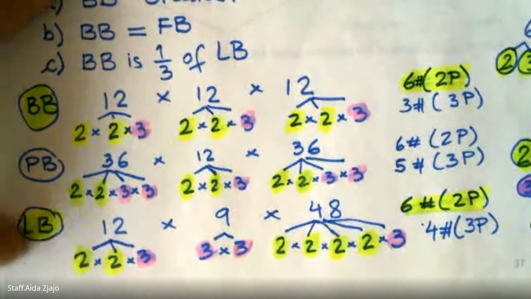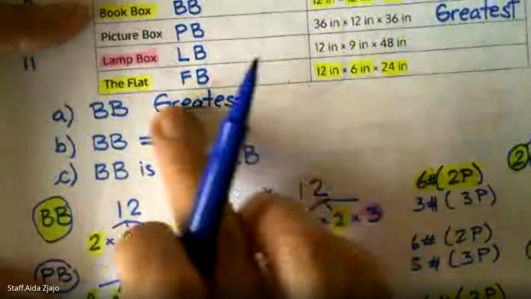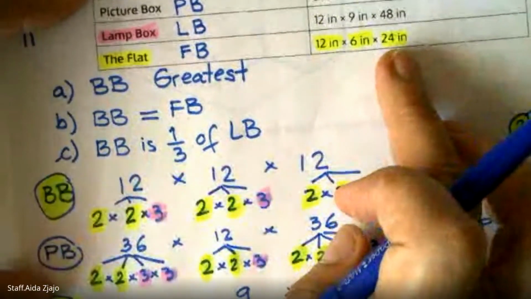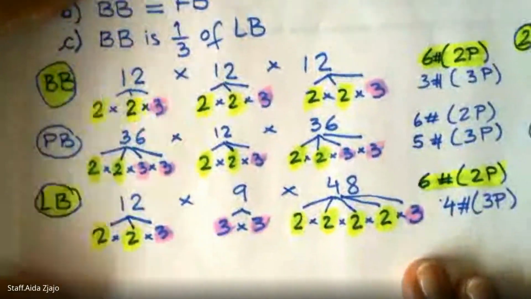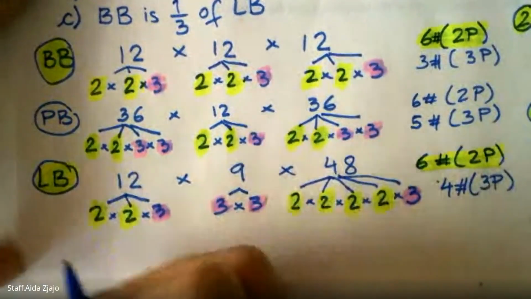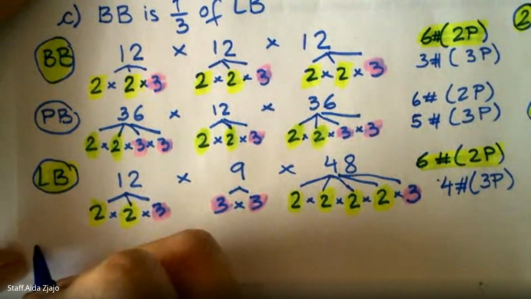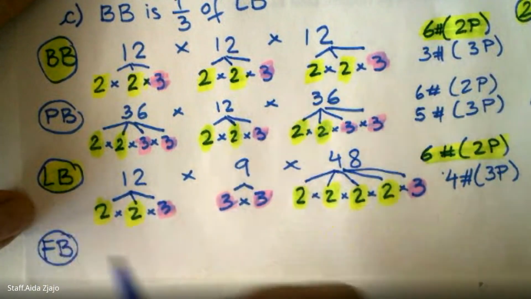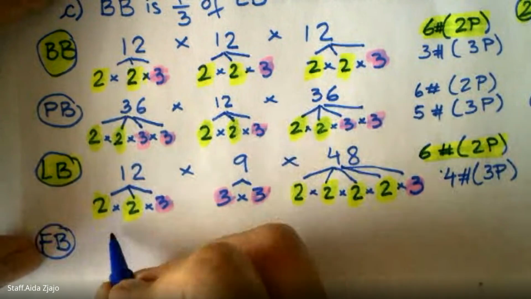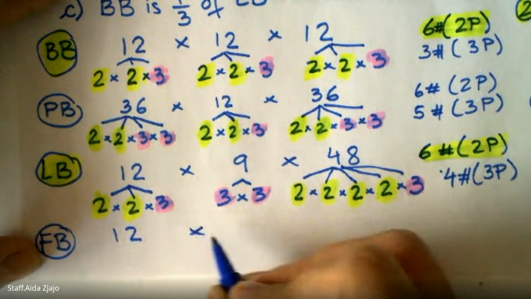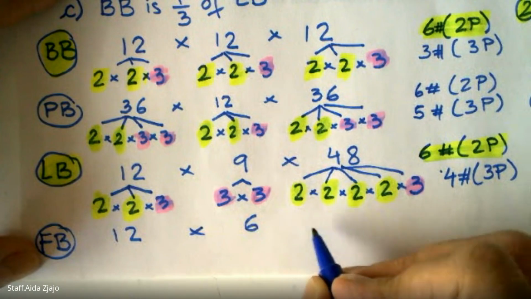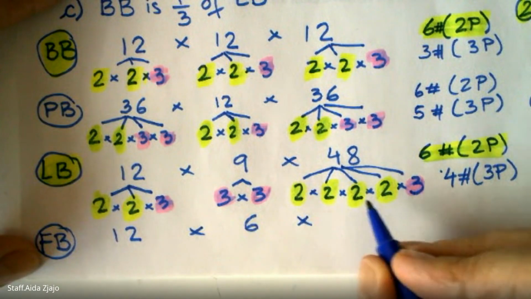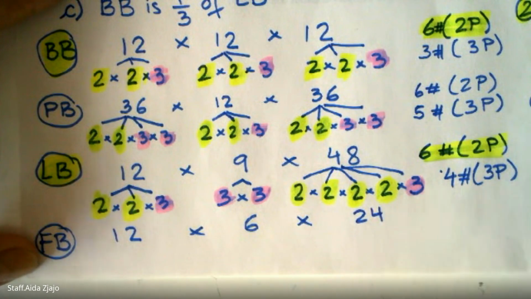I would like not to leave you with this, because I also want to break the other boxes down into primes to keep up the precision. So FB is 12 times 6 times 24.